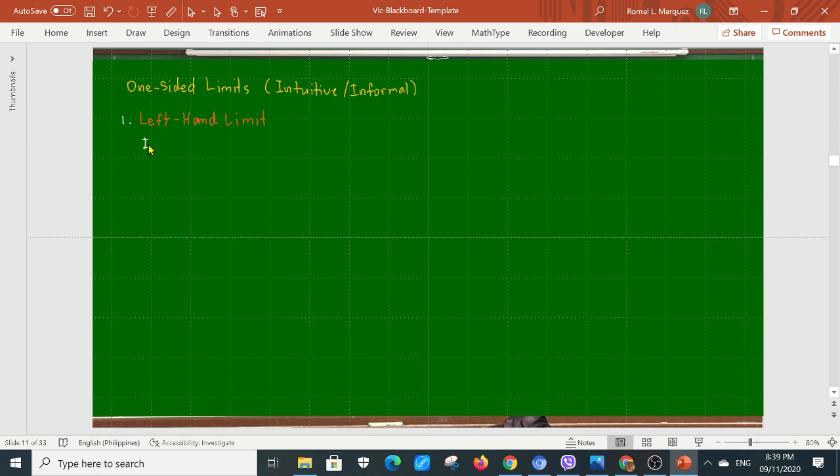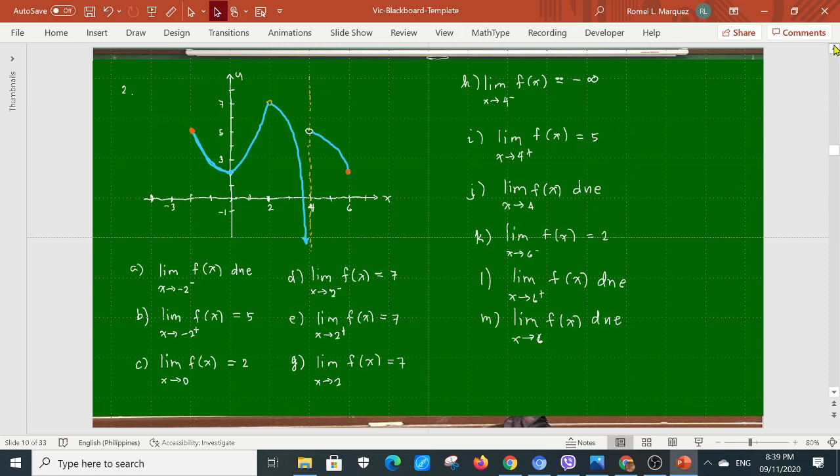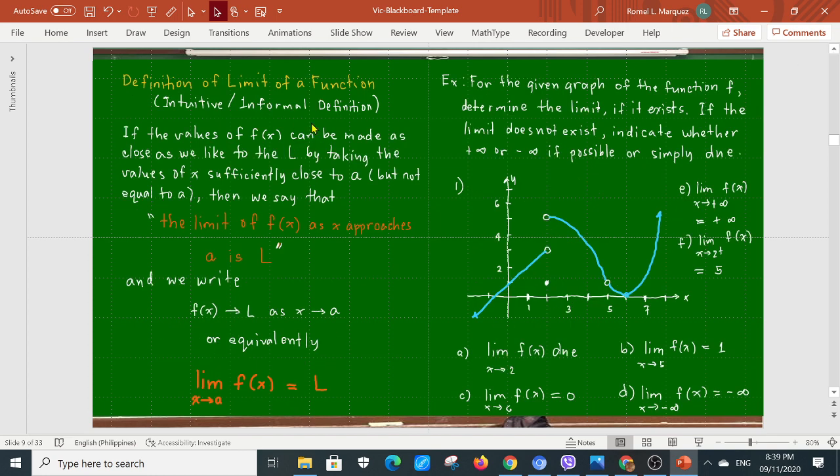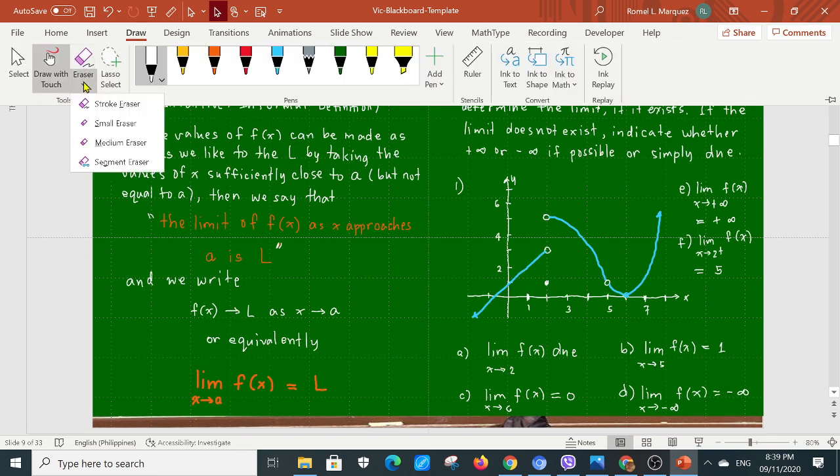So if you just copy actually the definition of the limit, may papalitan lang tayo. O, copy natin yun, para we will be fast.